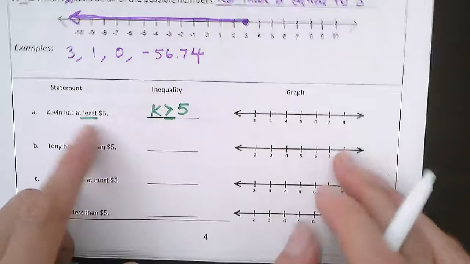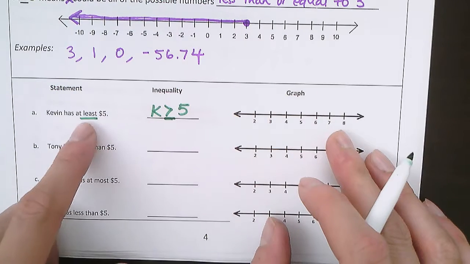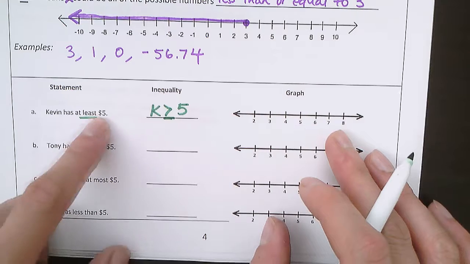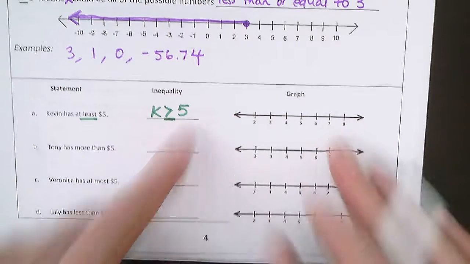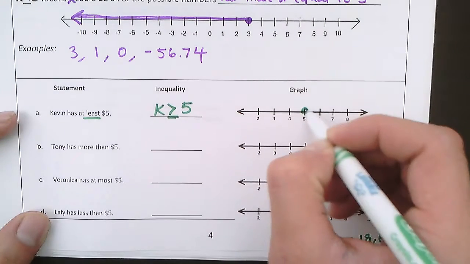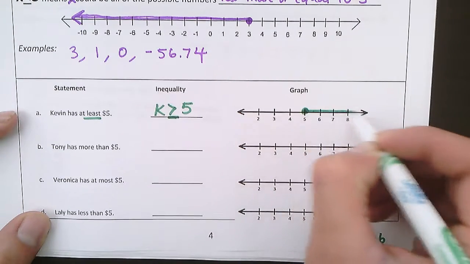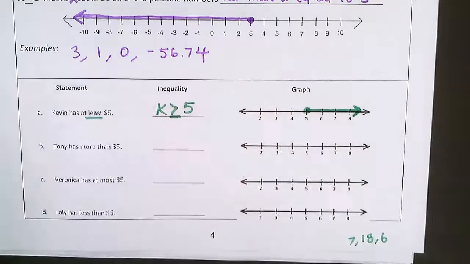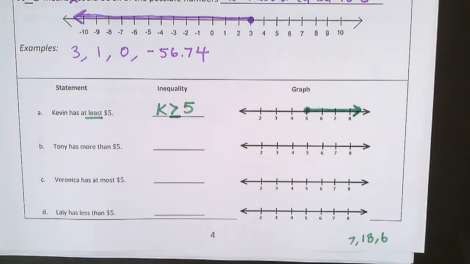Because the amount that Kevin has to be at least $5, so it could be equal to $5 or greater than $5. So greater than or equal to 5. We'll put that on our graph here. That means we're going to do a closed circle at 5 and draw to the right to show it's greater than 5 or equal to it.